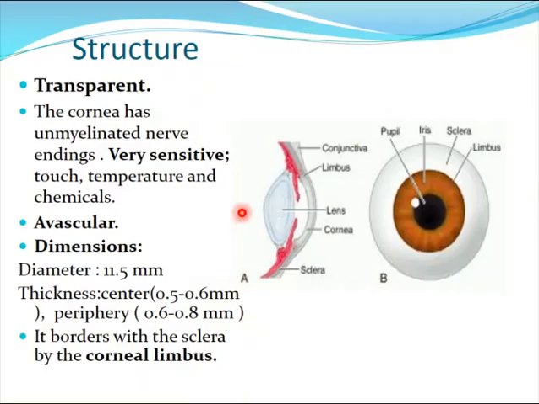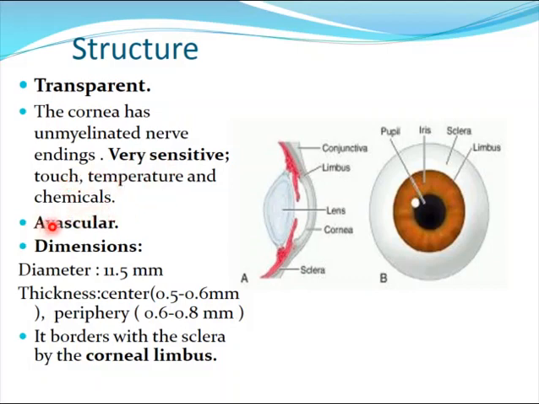Okay. On this slide, we should know about the structure of the cornea. The cornea is a transparent structure, and it has unmyelinated nerve fibers or nerve endings. That's why the cornea is very sensitive to touch, to temperature, and to chemicals.